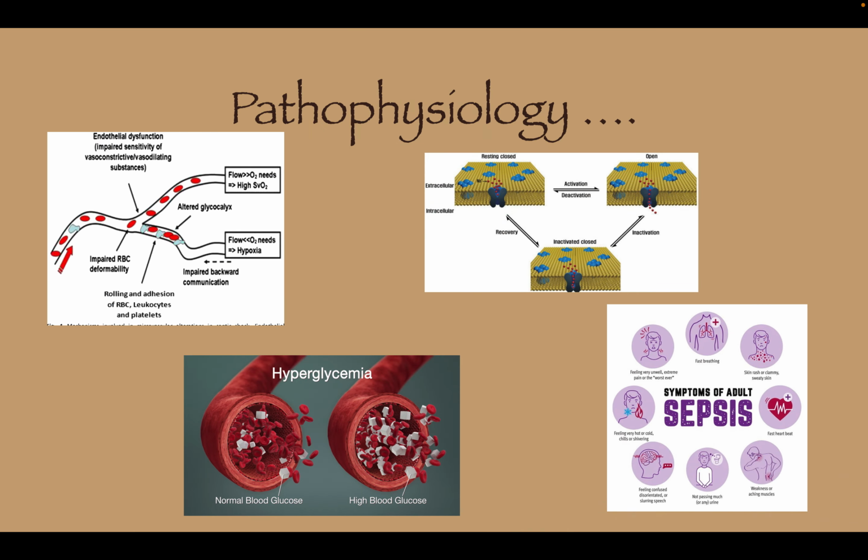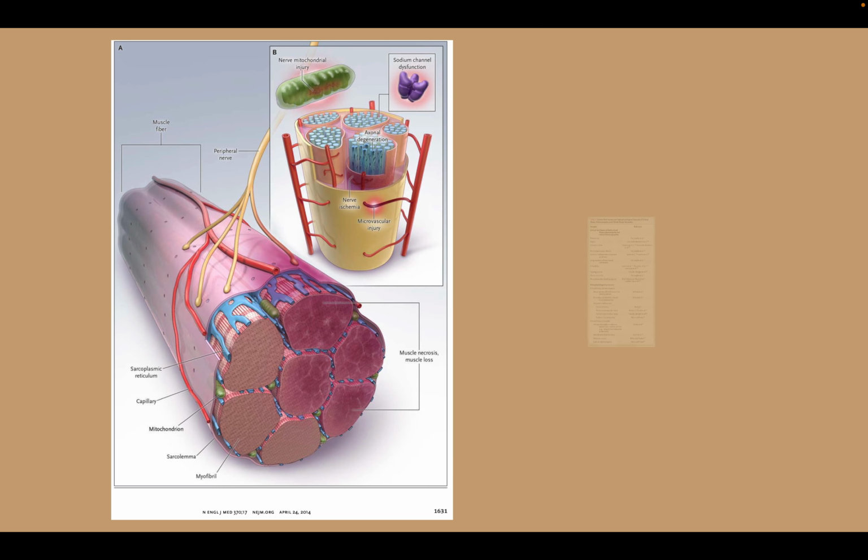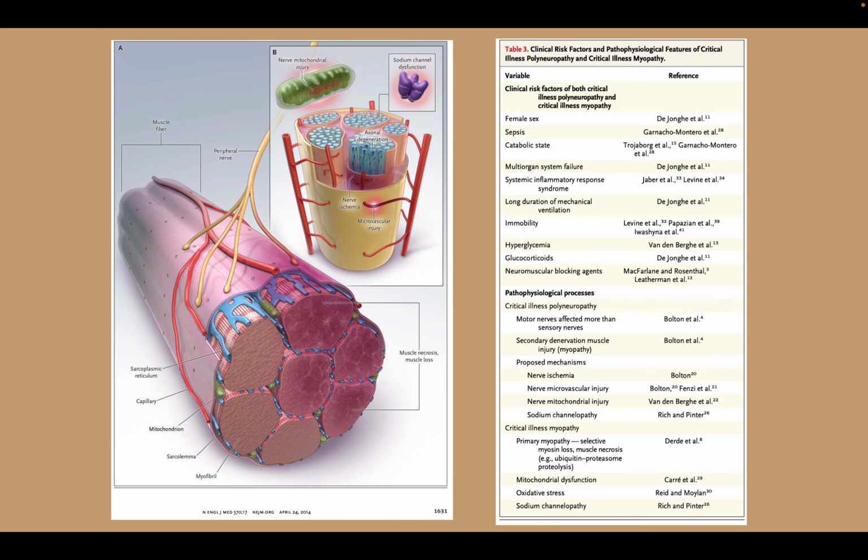So predominantly these are the four types of causes which can lead to ICU acquired weakness. And as you could see in this particular cartoon, which is from the New England Journal of Medicine, it clearly depicts the problem with the mitochondrial injury, the axonal degeneration.